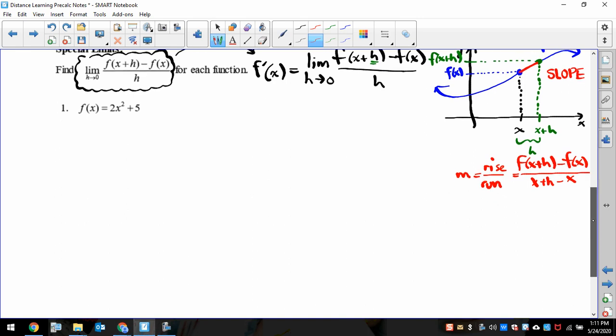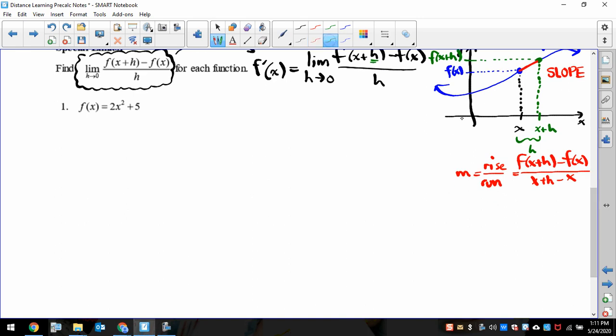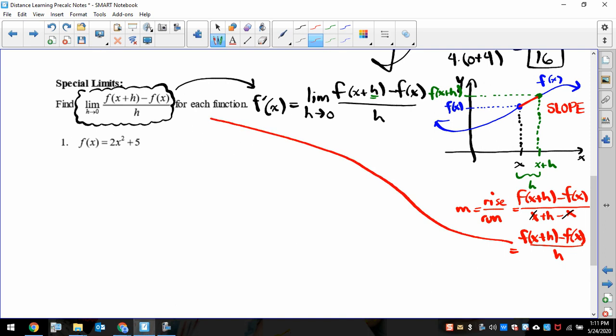And if I simplify the denominator down here, you'll see that we get a couple terms canceling, the x's, which leaves me with, we'll write it here in red, f of x plus h minus f of x all over h, which should look very familiar to our formula.